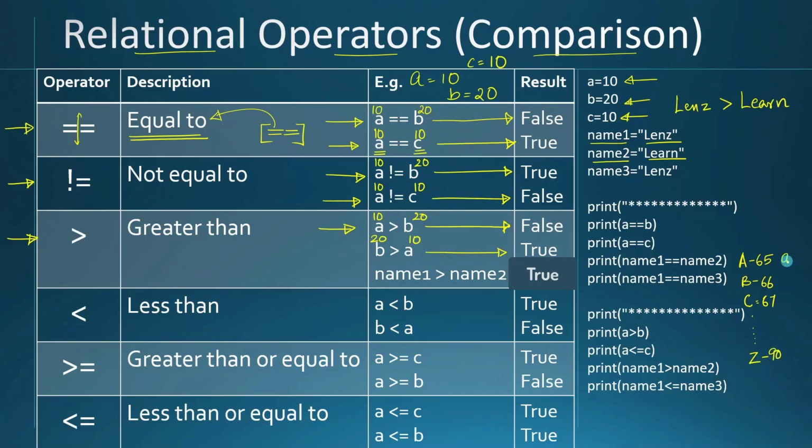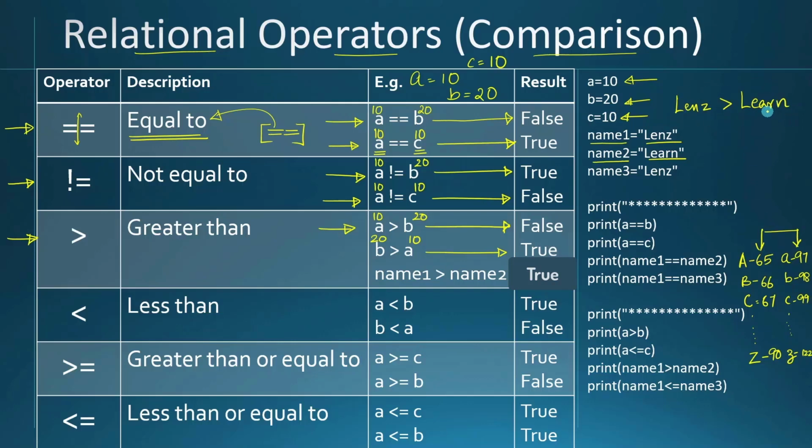Okay. Now small a starts at 97. Small b will be 98. Small c will be 99. Continuously until small letter z, and that has value 122. Now by keeping these numerical values in your mind, now we can do this comparison operator.